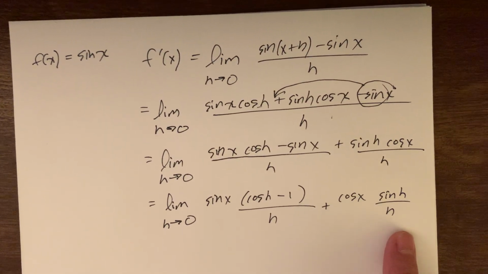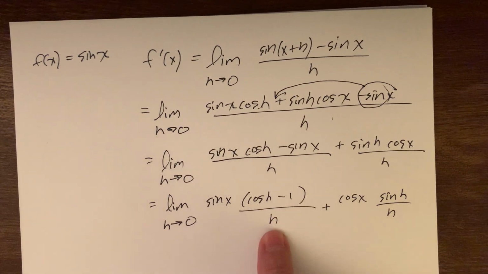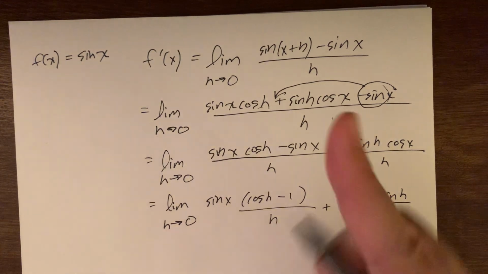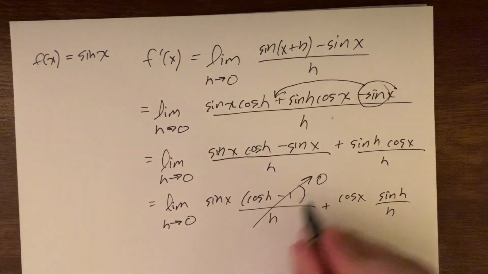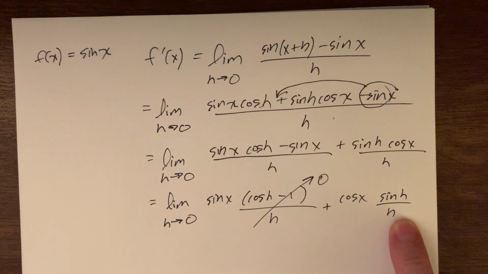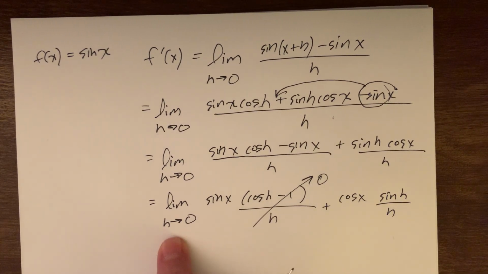Do you see the two identities? Cosine h minus 1 over h, as h goes to 0, this goes to 0. That's a known trig limit identity. Come over here, it's perfect. Sine of h over h as h goes to 0.